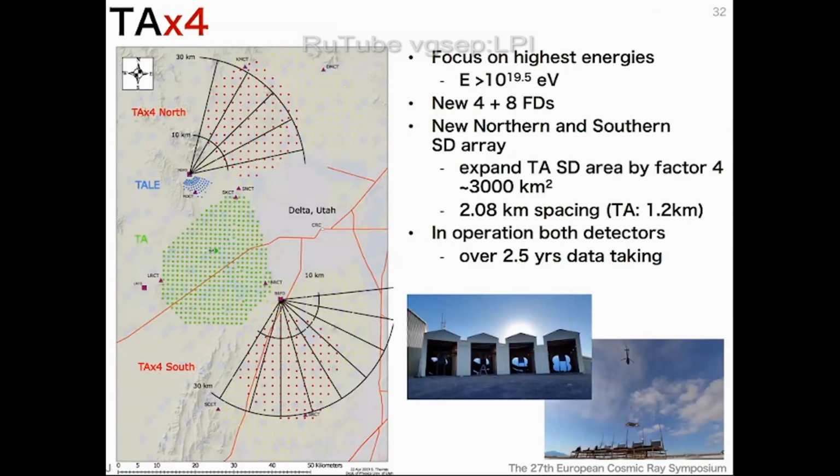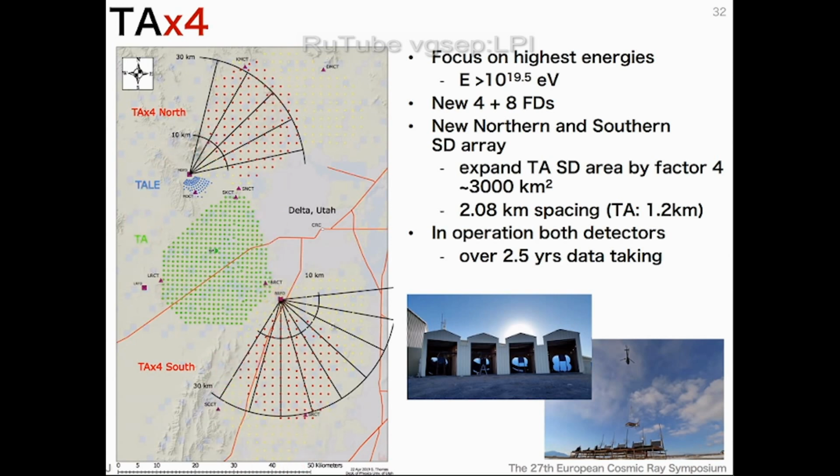In the TA case, they focus on the highest energy, which is the energy above 10 to the 19.5 electron volt. So they installed new FD stations on the northern side and the southern side, in total 12 fluorescence telescopes. And then they also construct the new SD array in the northern part and the southern part.